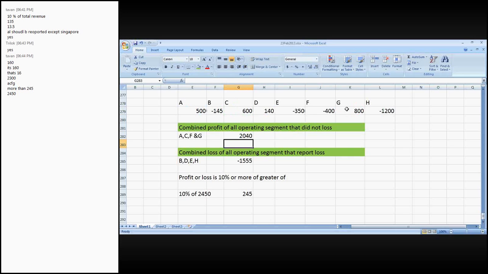Combined profit of all operating segments which are reporting profit, and combined loss of all operating segments which are reporting loss is, what will be the criteria in absolute terms? In this case, it will be 10% of 2095. 209.5 will be the quantitative threshold.